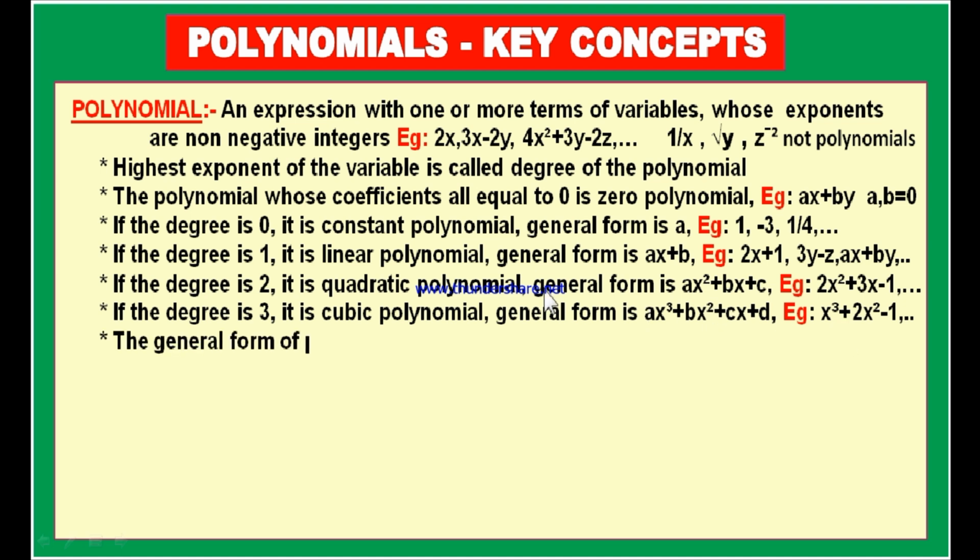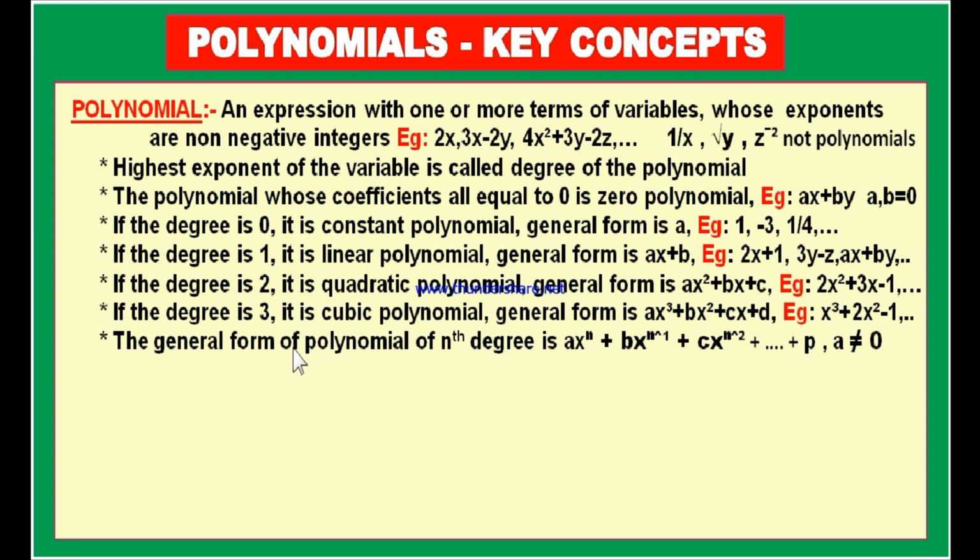Now you see the general form of a polynomial of nth degree. So far we learned the general form of a polynomial of first degree as ax plus b. The general form of a quadratic polynomial with degree 2 is ax square plus bx plus c, and the general form of a polynomial of third degree is ax cube plus bx square plus cx plus d.